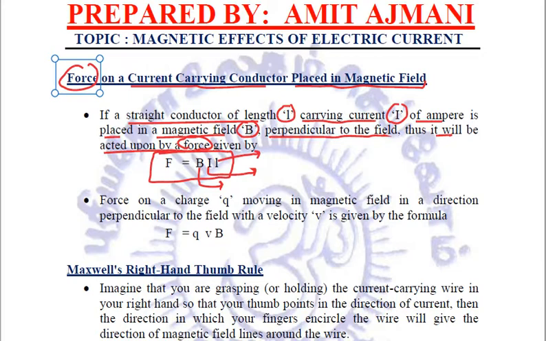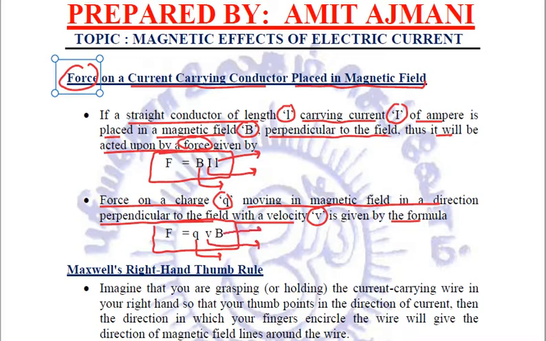Now, if the force on a charge Q, moving in a magnetic field in a direction perpendicular to the field with a velocity v, needs to be calculated, this is calculated by the formula F = Q V B, where Q is the charge, V is the velocity, and B is the magnetic field.